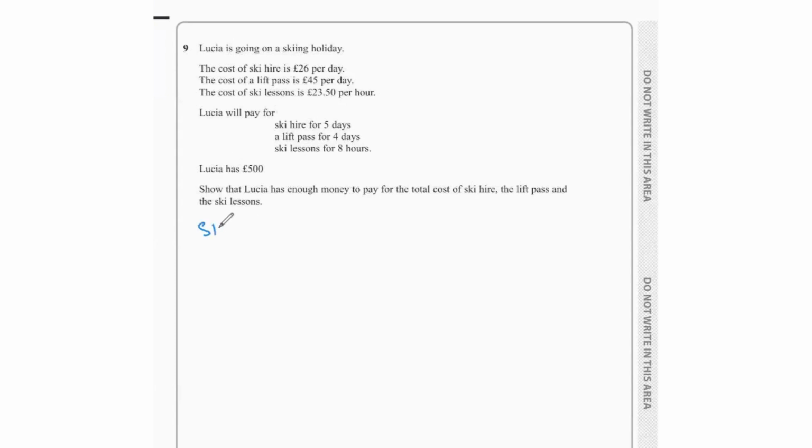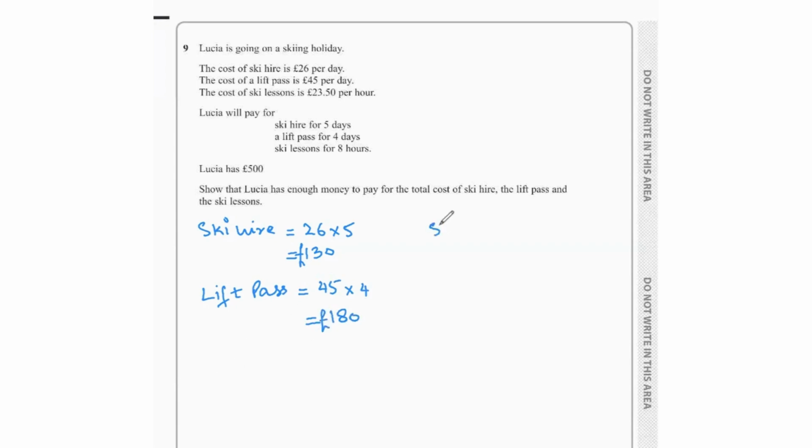So for ski hire, per day is 26 pounds. So 26 times 5 is going to give us 130 pounds. Then we have the lift pass. That's going to be 45 times 4. That's 180 pounds.